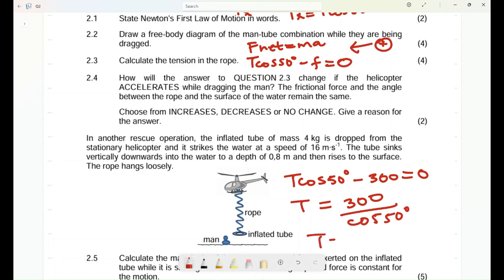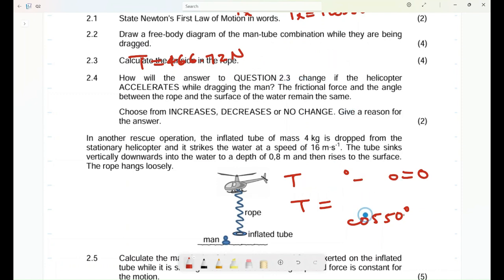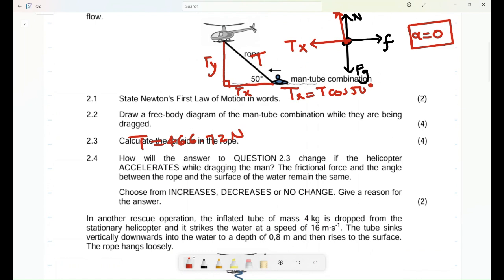Then my tension in that particular case will be something like 466,72 newtons. This is my tension force. Okay, I'll put it here for now. Let me erase this. This is my tension force.